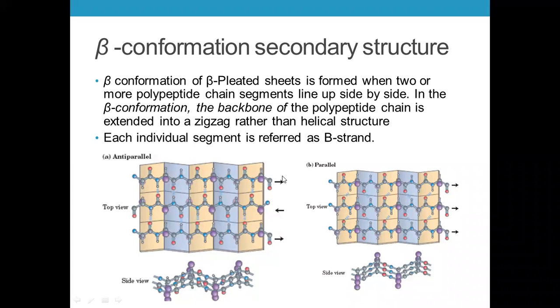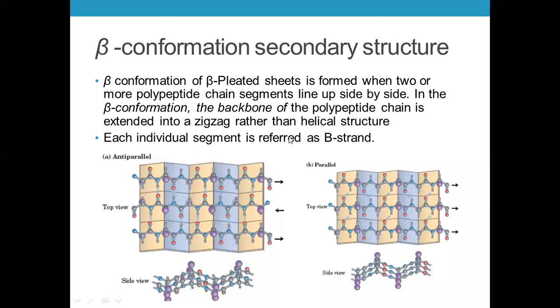You have a polypeptide sequence from the N terminus to the C terminus, and then a neighboring polypeptide sequence, also from the N terminus to the C terminus. They are in close proximity to each other.